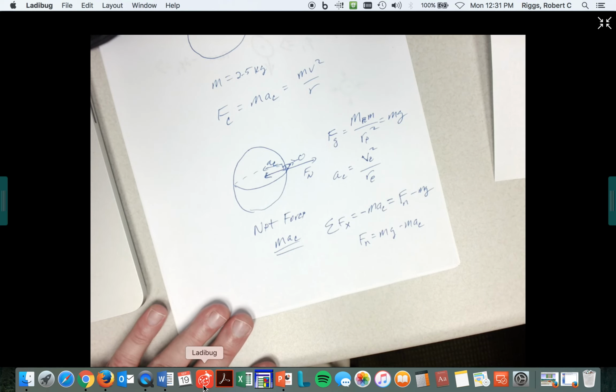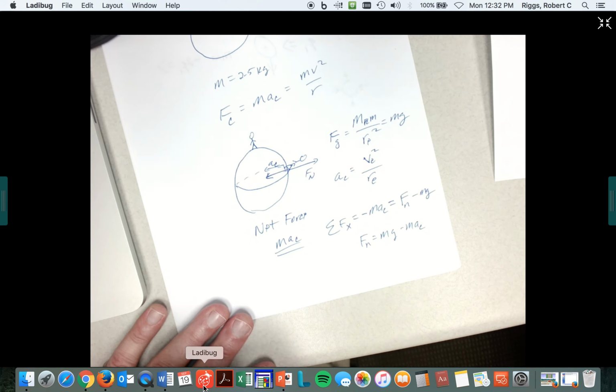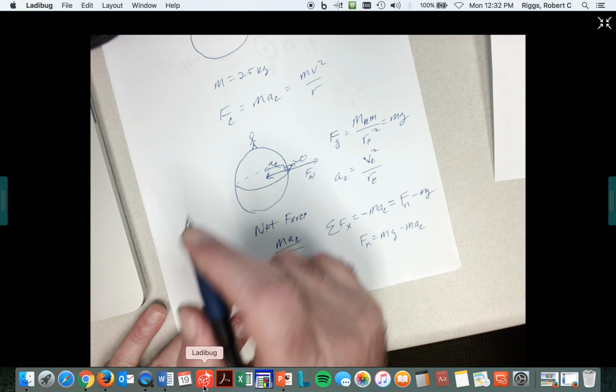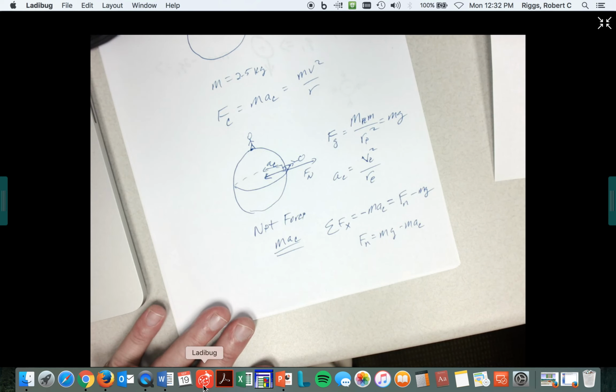Which is kind of interesting, because that means if you're standing up here, all you feel is mg. Your normal force is equal to mg, and there's no centripetal acceleration pulling you in. I just find that interesting.